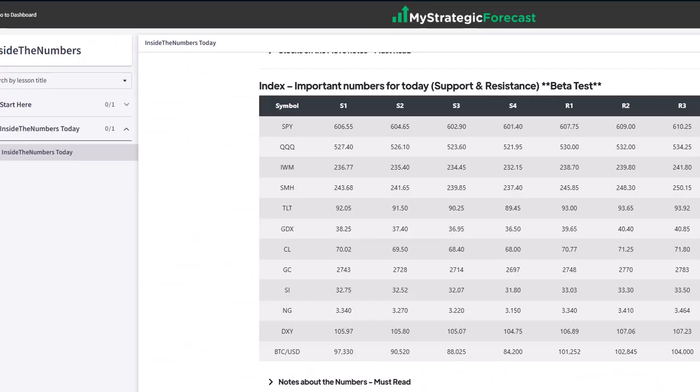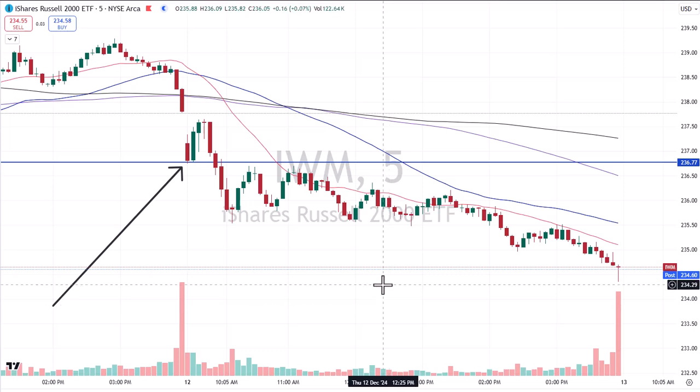What about the list of markets? Don't forget about this. Let's take a look at the IWM today. Just put a couple of numbers on the board. See what happened. Support numbers are 236.77, 235.40, and so on. 236.77. That's a trade. We had traders in the live room that made plenty of money on that trade at that time, nailing the current low.